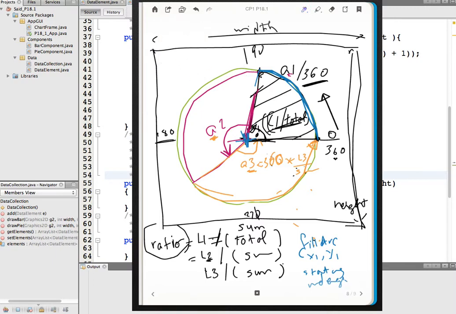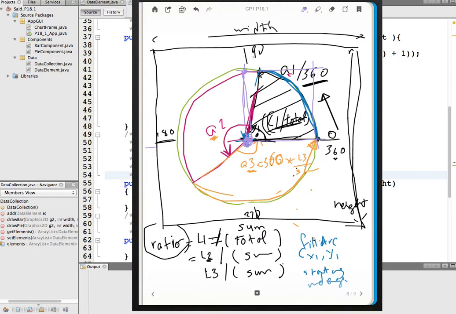So if I want to maintain the same center, the x is the same x as my center, and the y will be the center and the radius.